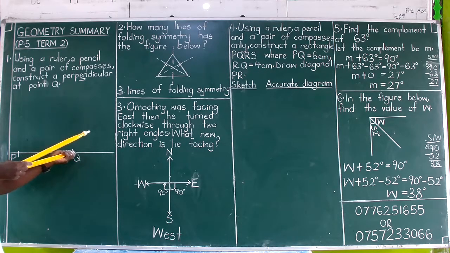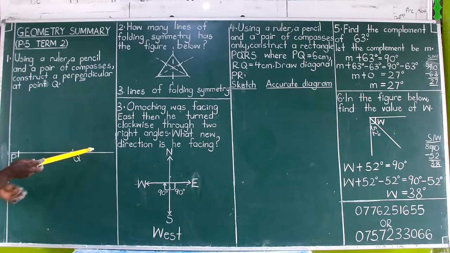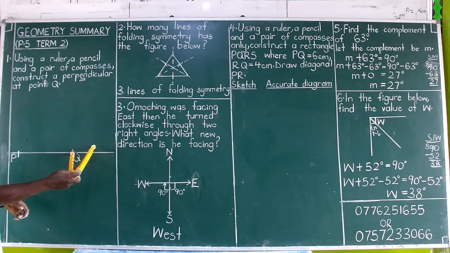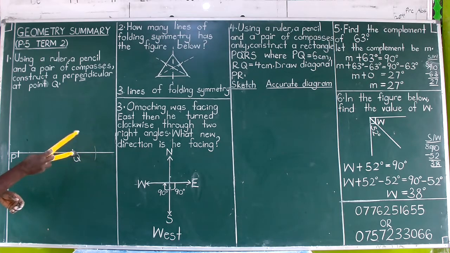Place the pointer of your compasses at 2. Make that arc. It is in your book, please. Make that arc, and then turn to the other side. Make that arc. So those are the two arcs there.